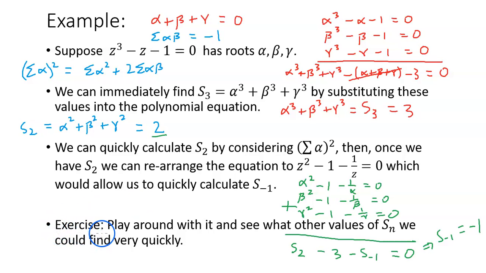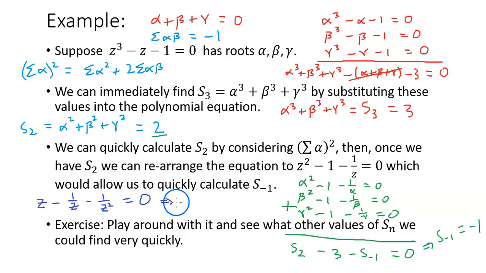And as an exercise, play around with this and see what other values of Sn you can find pretty quickly by making those substitutions or using whatever other techniques you like. Just for example, if you go ahead and divide this thing by z again, you get z minus 1 over z minus 1 over z squared equals 0.